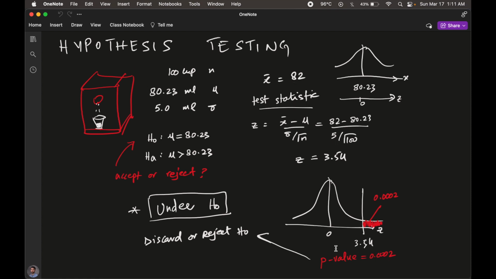Since it is a very low probability, it means it is definitely happening. And if this is the phenomenon taking place, the alternative hypothesis, the 82, then we might as well just reject the null hypothesis. And we can safely say that this is not happening. The machine is not giving out 80.23 milliliters. The calibration has gone wrong, and we can safely reject the null hypothesis.